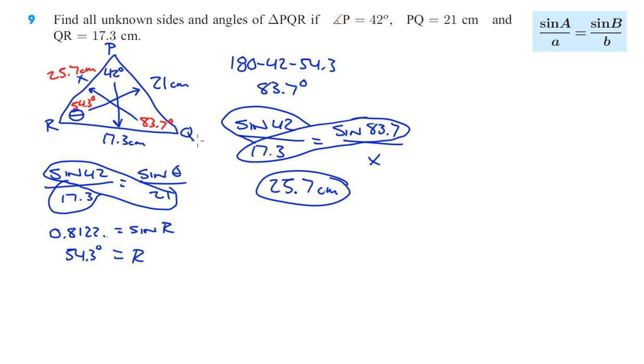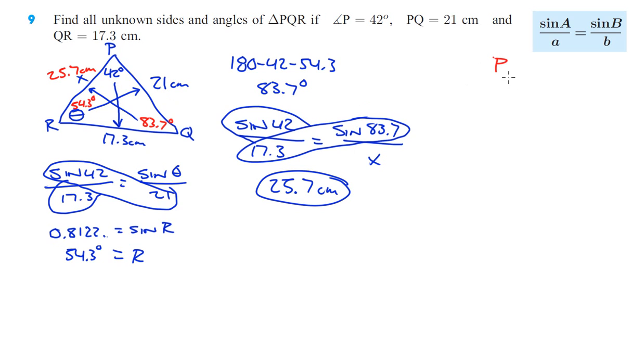I'm going to show you something really quick on this one, because this is one of those triangles called the ambiguous case. It could be two different possible triangles here. This is one way that we drew our triangle, with this 42 and this 21 and this 17.3. Another way that triangle could look, since this side is shorter than that side, and again, don't worry too much about this, but I want you to at least be aware of it.